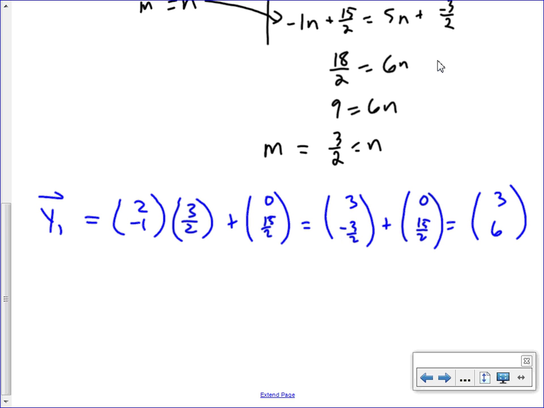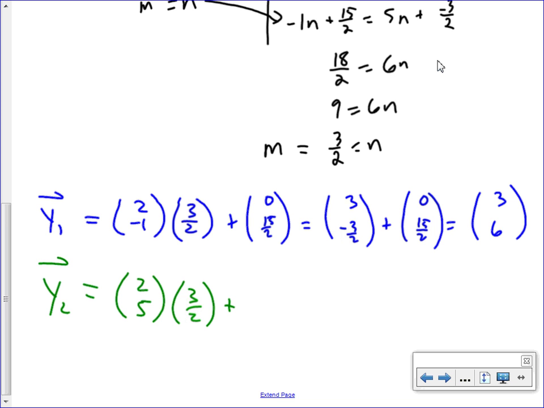What do you think the next one's going to be? 4, 6. Here we go. y2 is 2, 5. That's a scalar, not another vector. It's all good.